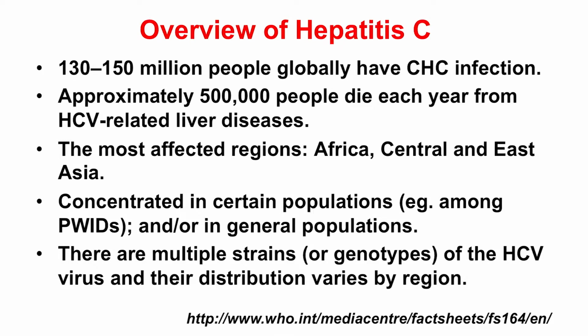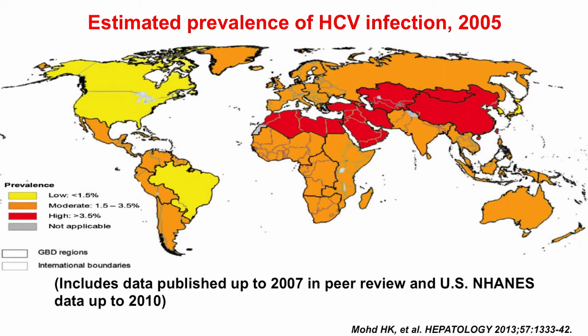So in the next part, I will just very briefly talk about the prevalence of hepatitis C virus infection. So we already know worldwide there are a lot of people infected by chronic hepatitis C. I won't go over these slides, but we can see schematically in this map that Mongolia and other parts of the world have very high prevalence of anti-HCV positivity.